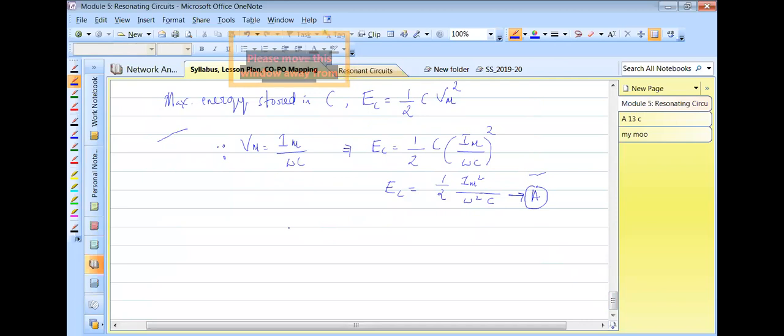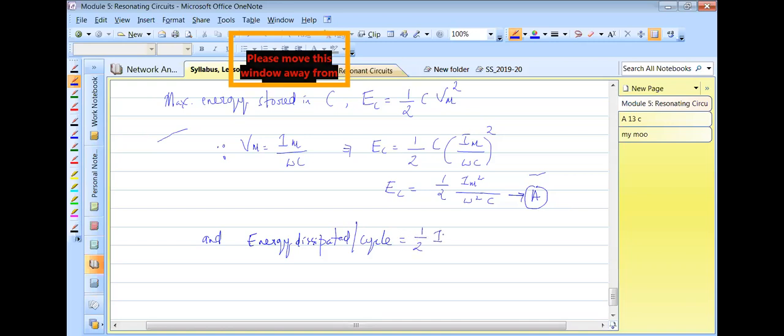What is the energy dissipated per cycle? This is similar to what we have done in the previous case. Energy dissipated per cycle, as we have seen, is half Im squared R by F. Everyone understand?